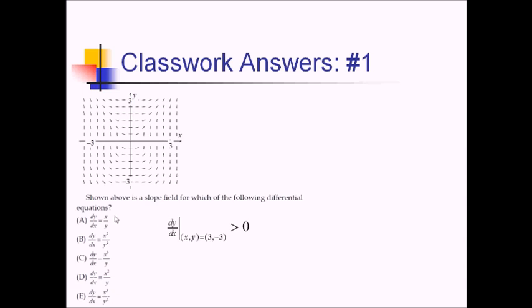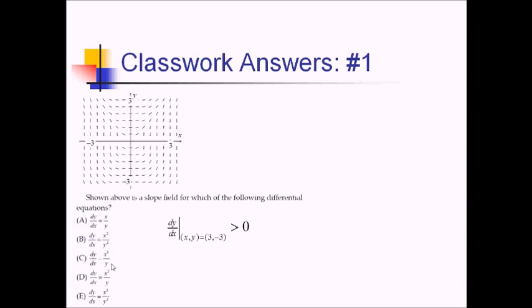So right here we've got 3 over negative 3, which is going to give us a negative answer for choice A. So we can eliminate A. For B, we've got 3 squared over negative 3 squared, which essentially comes out to 1. That's positive. If I'm being honest, this doesn't look like a slope of 1, but whatever. Maybe we can cross it off later on. For this one, this is going to be 3 cubed over negative 3.